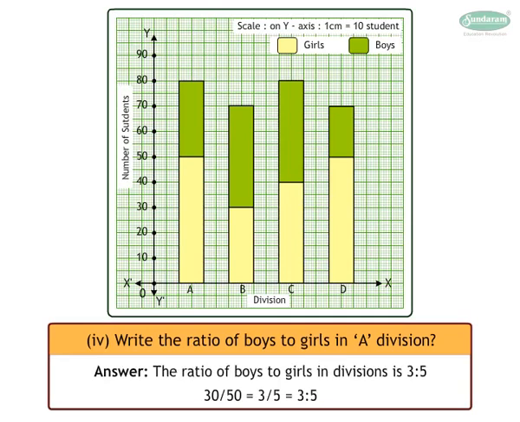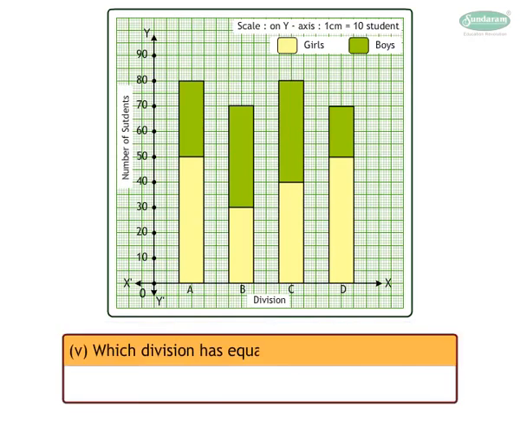Answer: the ratio of boys to girls in division A is 3:5, since the number of boys is 30 and girls is 50. The ratio of boys to girls is 30 divided by 50, which is equal to 3/5, which is equal to 3:5. 5.